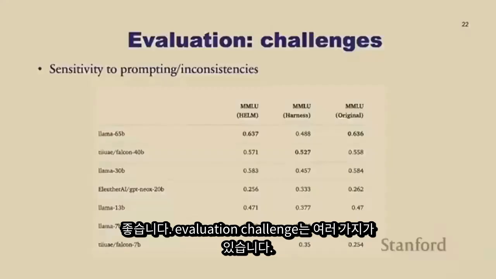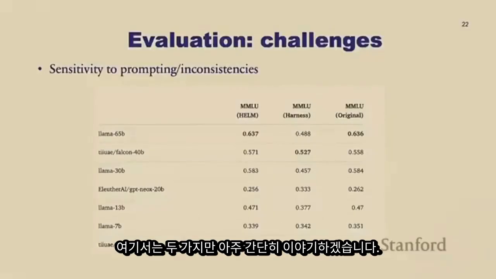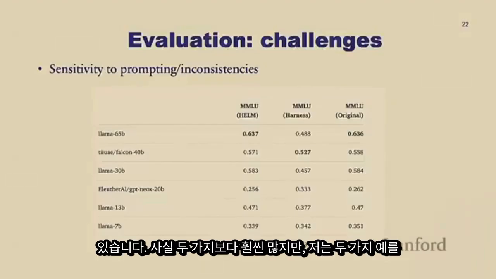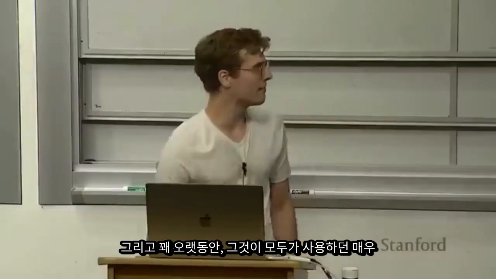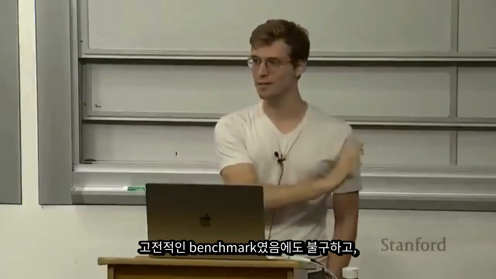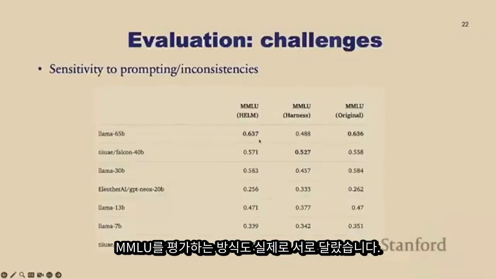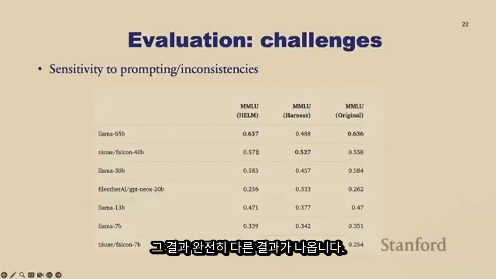Okay, so evaluation challenges, there are many. I'll just talk about two really briefly. One, as I told you, there are two ways of doing evaluation for these MMLUs. Actually, there are many more than two, but I gave you two examples. And it happens that for a long time, even though that was a very classical benchmark that everyone used, different companies and different organizations were actually using different ways of evaluating MMLU, and as a result, you get completely different results.